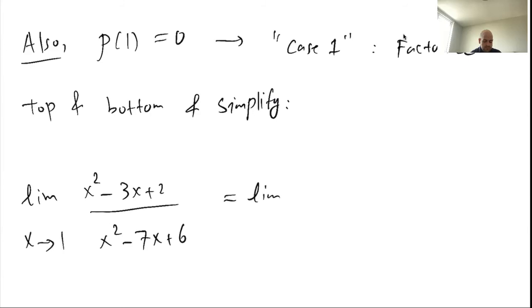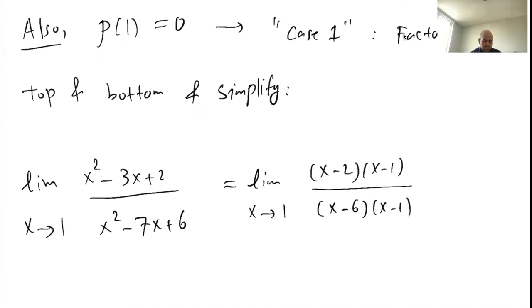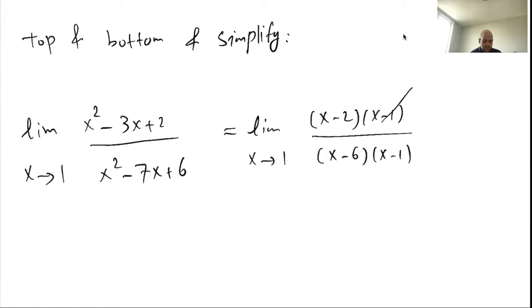And then this is the limit as x approaches 1 of x minus 2 times x minus 1, divided by x minus 6 times x minus 1. And then cancel this with this.